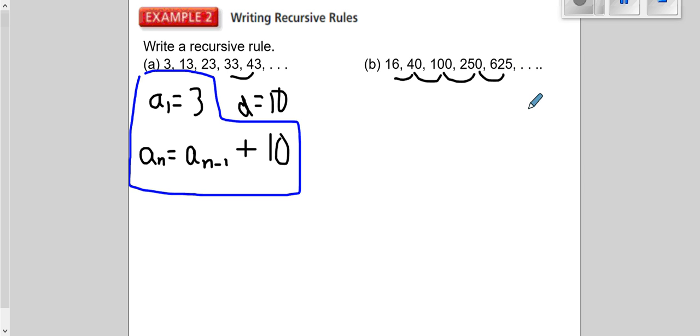Well, we're not adding the same thing each time. Can we get from here to here with multiplying? Let's see if there's a common ratio.